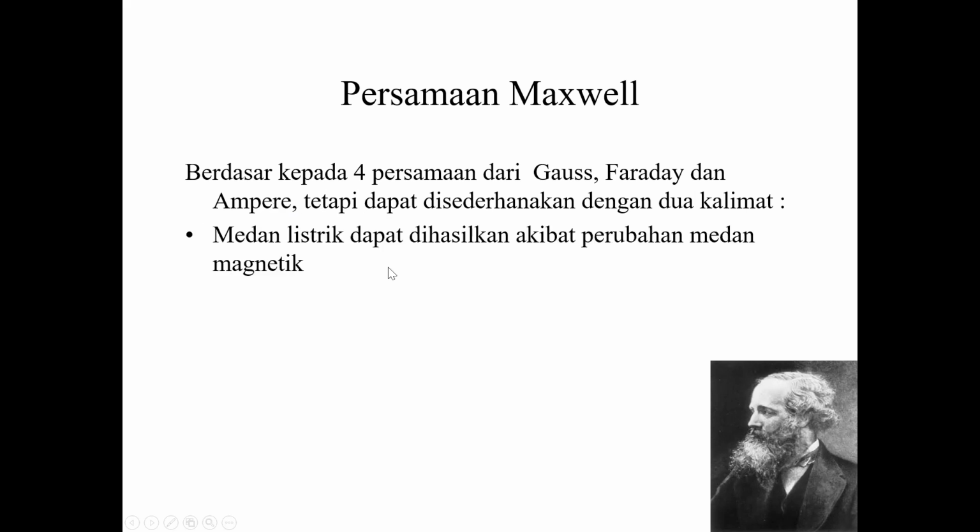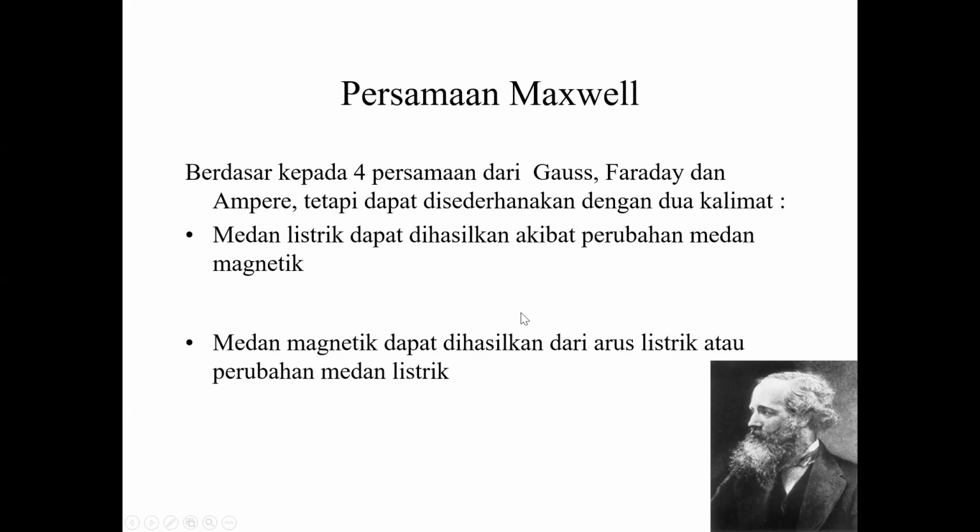But we could simplify it to the statement that the electric field can be produced by the change of magnetic field, and the other way around, the magnetic field can be produced by electric current or the change of electric field.